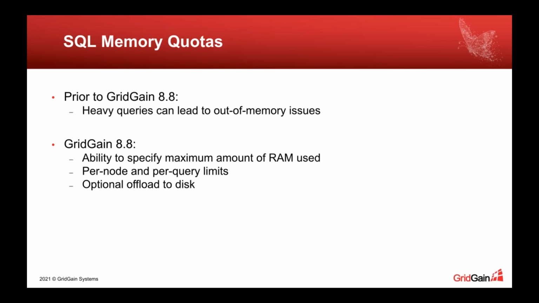The second one is memory quotas for SQL. Again, this is more of an improvement rather than a new feature, because one of the possible issues that our users could face prior to 8.8 is that Ignite could go out of memory in case of certain query execution.